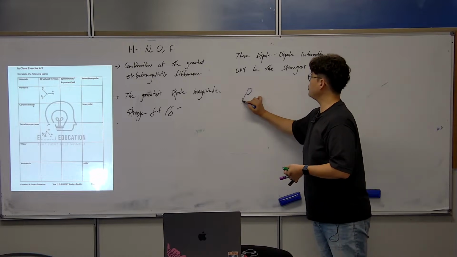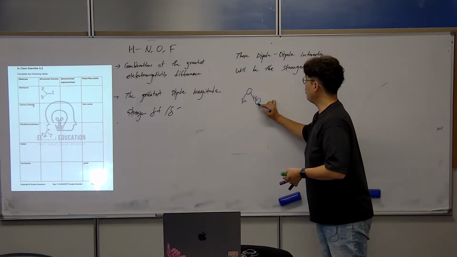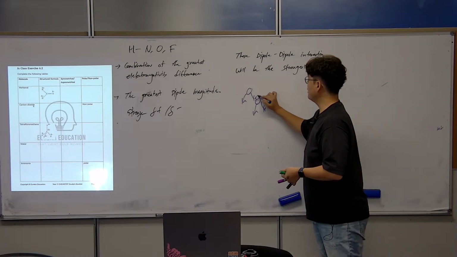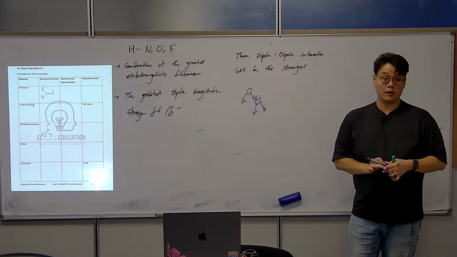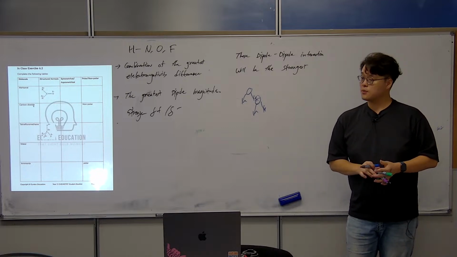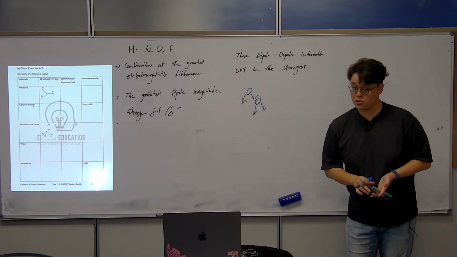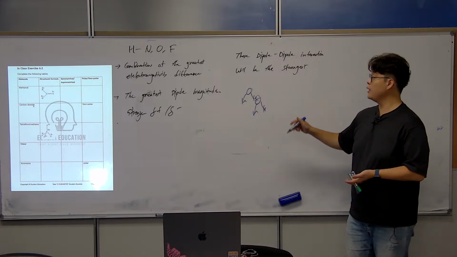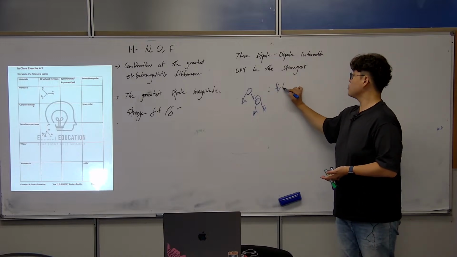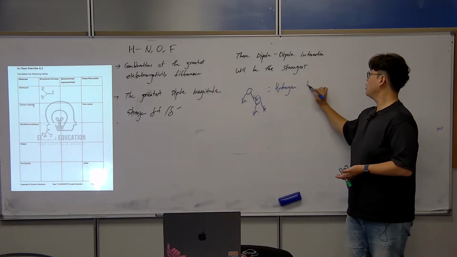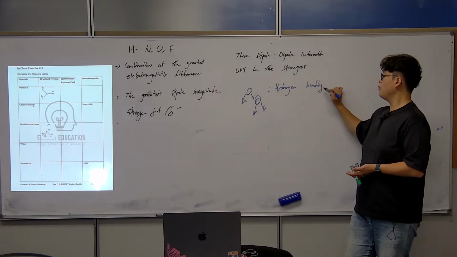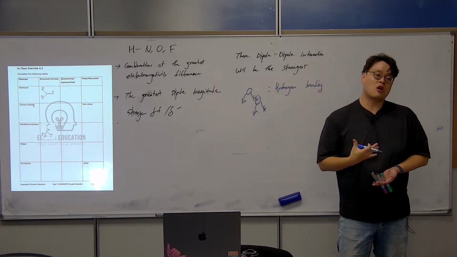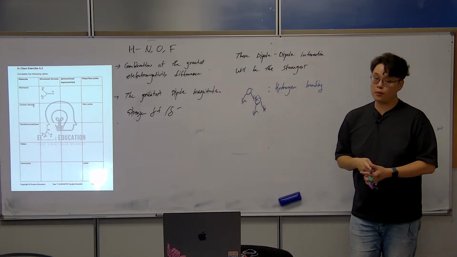We have O and H. It means O and H are almost attached. It looks like they are forming some sort of bonding again. So this is the reason why we give a special name for this type of dipole, known as hydrogen bonding. It's simply because this is the strongest out of the many dipoles.